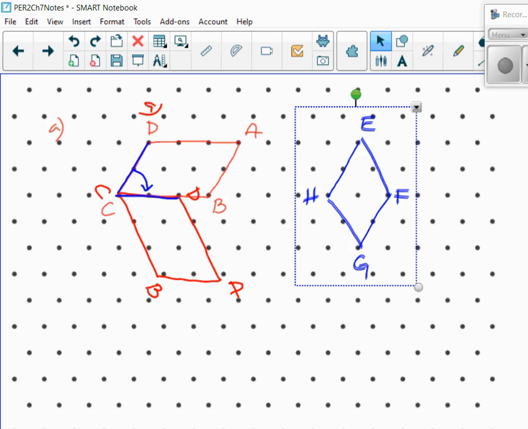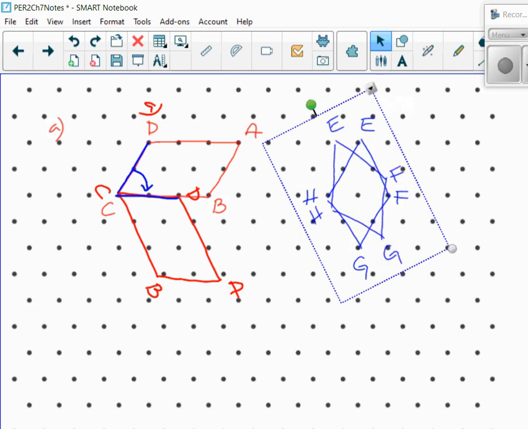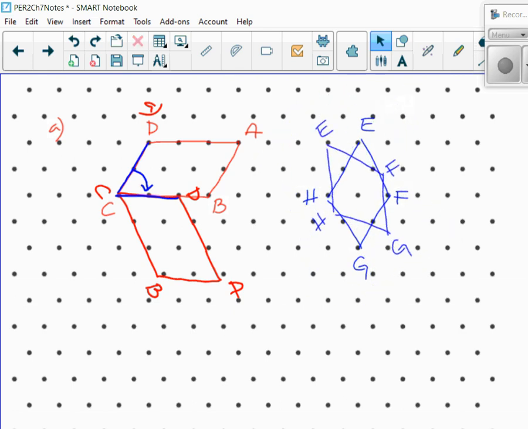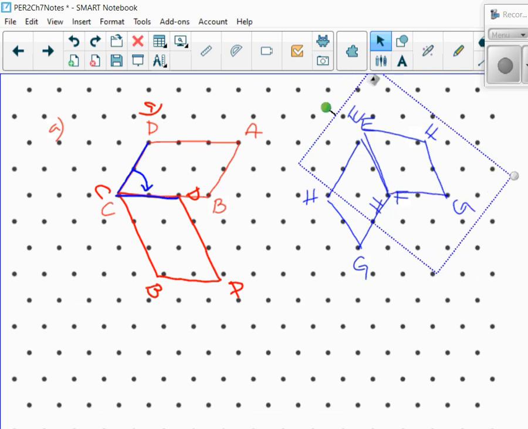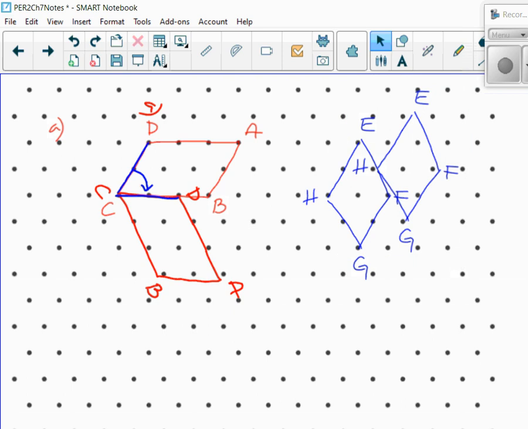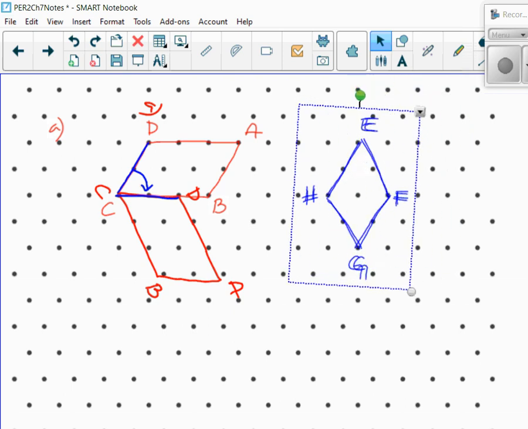If I were to rotate this, again, this is kind of hard to do. All right, so what happened here was I rotated just a little bit too much, it looks like. So we're going to try this again. Here's my E, and I'm going to go counterclockwise.